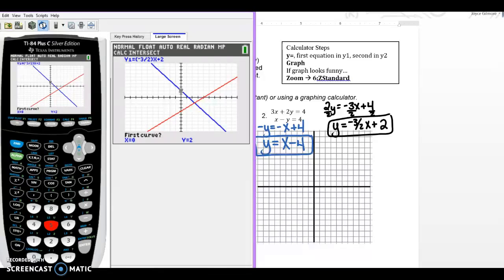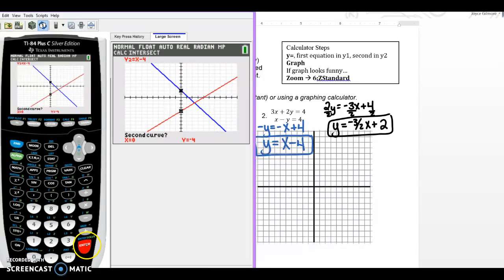At this point, your calculator acts like a needy 2-year-old. So it's saying, hey, is this blue one the first line you want me to consider? Yes. The way to tell your calculator yes is to hit enter. And then it says, hey, is this red one the second line that you want me to consider?